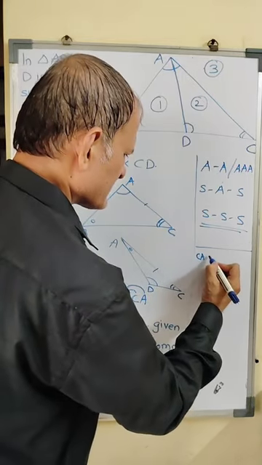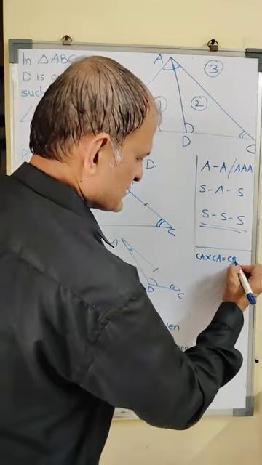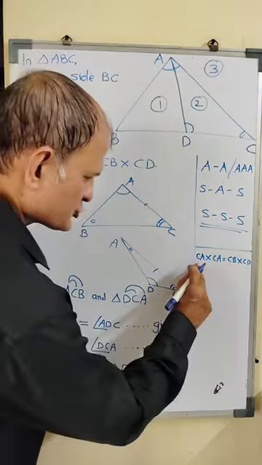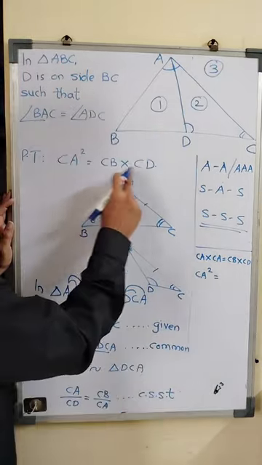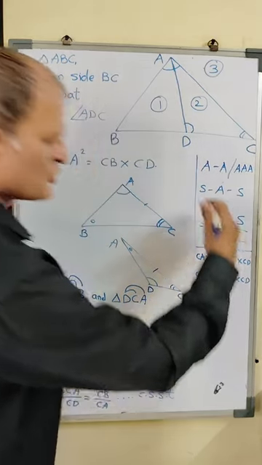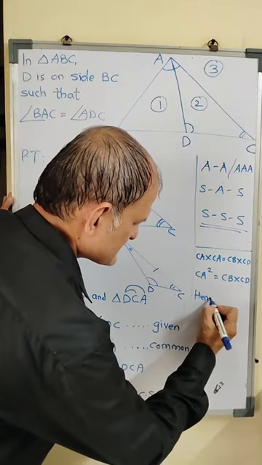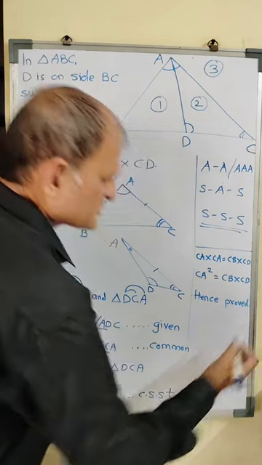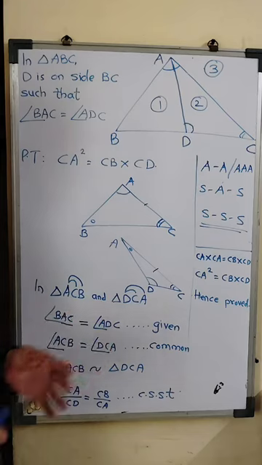Okay, CA into CA is equal to CB into CD. Yes, now CA into CA is CA square, which is equal to CB into CD. So this is what was supposed to be proved. So we can say hence proved. Okay, so this is your answer or the solution for these kind of questions.